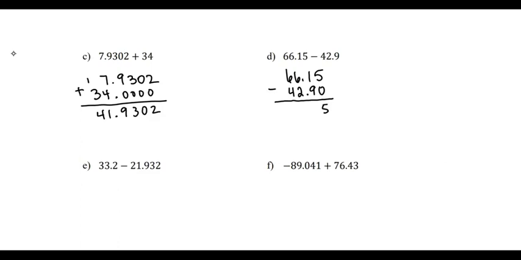But then I take 1 minus 9. I cannot take 9 from 1 without borrowing. So I'm going to borrow from the 6. Now I have 11 minus 9. That gives me 2, and then I have the decimal point that I need to copy down. 5 minus 2 is a 3, and 6 minus 4 is a 2. So you have 23.25 for part D.